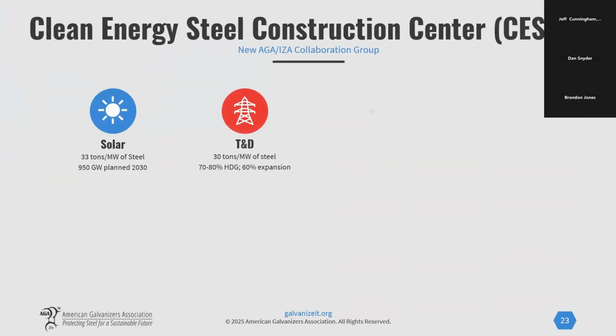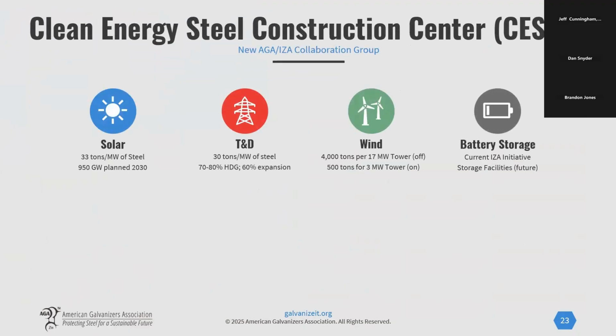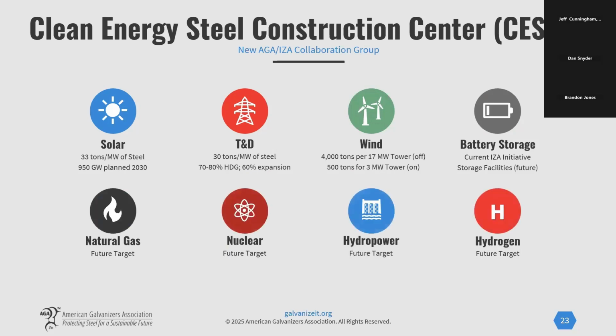All right. I like to mention this because it's kind of transmission to distribution. Obviously, sometimes bridges are involved with this, but we actually have a second pillar of our AGA, the Clean Energy Steel Construction Center. This is an AGA and IZA, International Zinc Association, collaboration group. And we are in everything from solar transmission to wind power, nuclear, hydropower, hydrogen, everything like that.